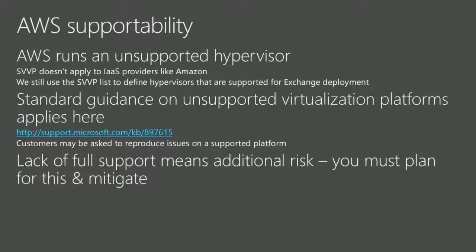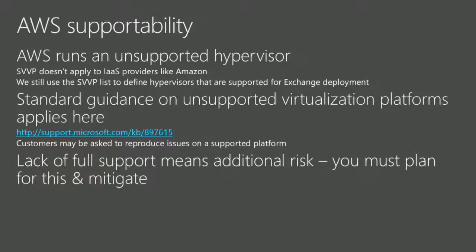The list of supported hypervisors for Exchange comes from the Server Virtualization Validation Program. This is what we've been using since Exchange 2007. It's a program that the Windows team runs in order to, I won't say certify, but in order to sort of bless a set of hypervisors as providing the right set of services and performance and reliability to Exchange that we can confidently run on top of them.